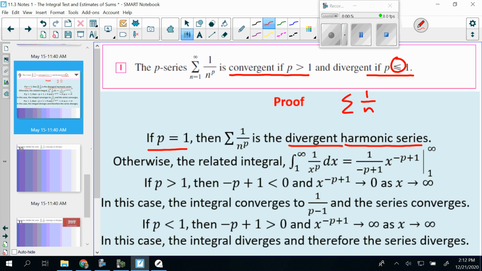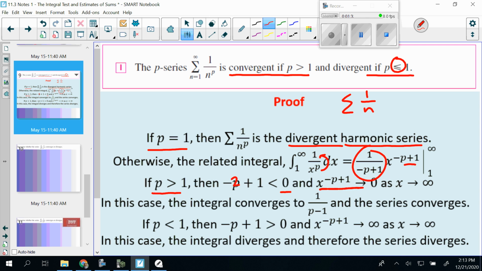If p is something bigger than 1, then if we use the integral test, the antiderivative of that, if you move this up to the numerator, would be negative p, add 1, put the reciprocal in front. So you'd get that. Well, that's going to end up being, if p is greater than 1, if you put a big number bigger than 1 in here, like 2, that result's going to be negative, or less than 0.